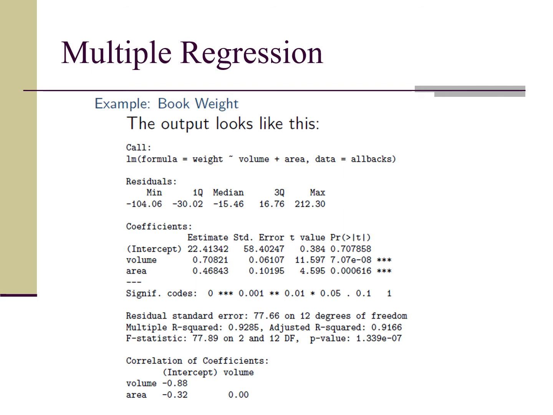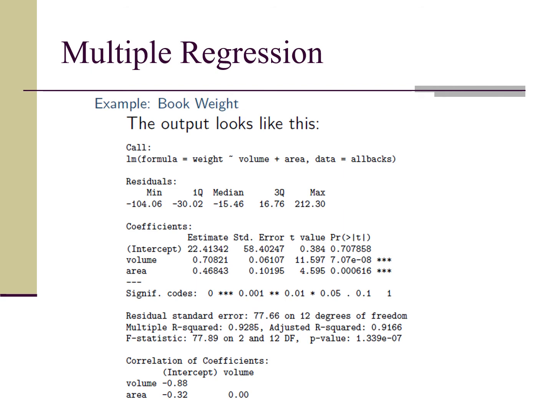And then again, if we look at each of the variables and look at the probability of a larger t-value being associated with each one of the coefficients, the intercept is not statistically significant, but volume and area are, and they're both highly significant.